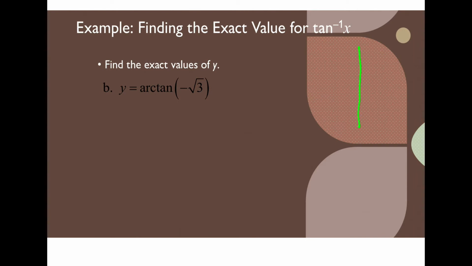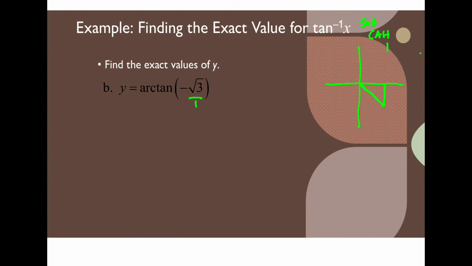For the arctan of negative square root of 3, I always like to think of those that are whole like that as being over 1, because it can also help me draw a picture. I know it's negative, so I know it's going to be down here in this quadrant, and we can think of it as a triangle, keeping in mind the SOHCAHTOA thing.